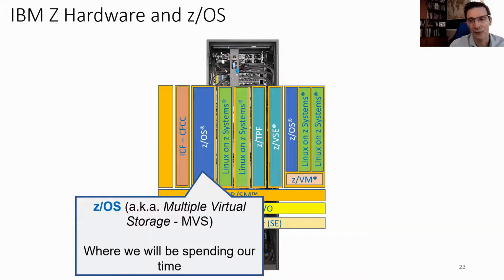So if you want, you could have one LPAR that has many zOSs inside the one LPAR, but the most common way in production is you're going to use zOS as a standalone LPAR or many standalone LPARs. So we're going to be focusing on the zOS, the flagship operating system of the IBM Z mainframe.